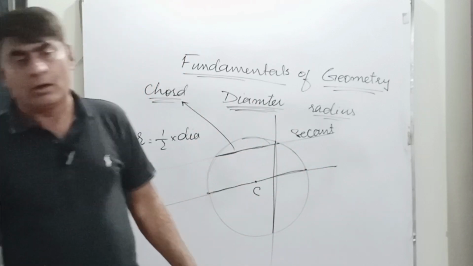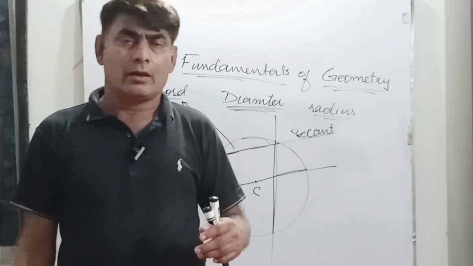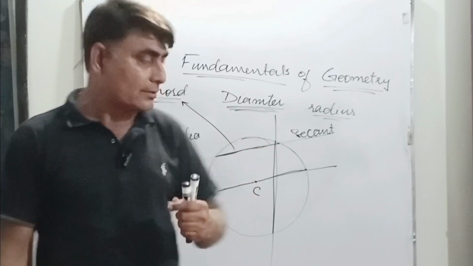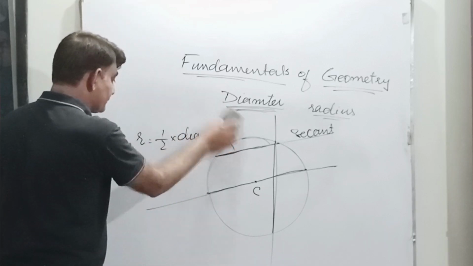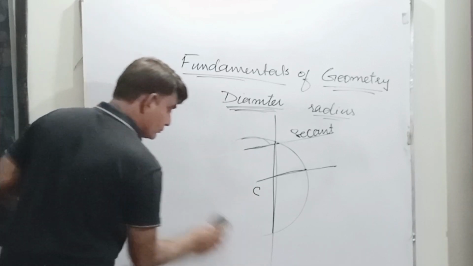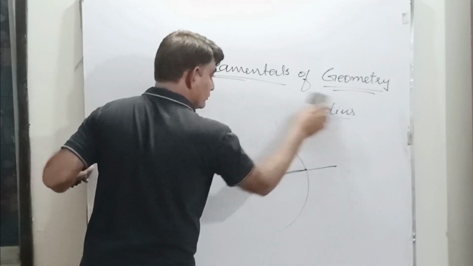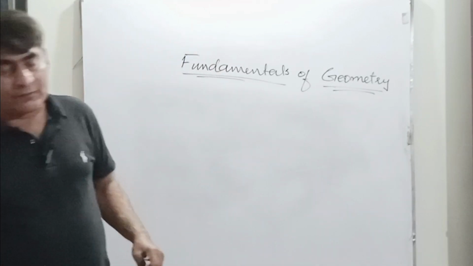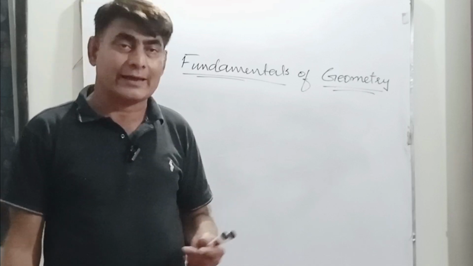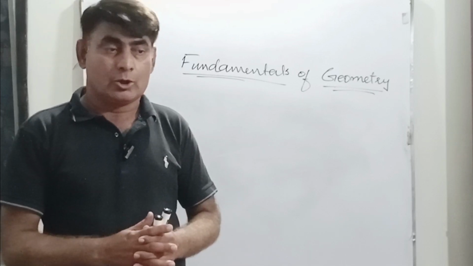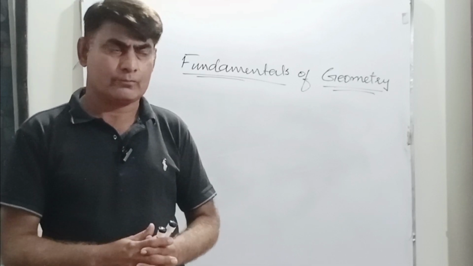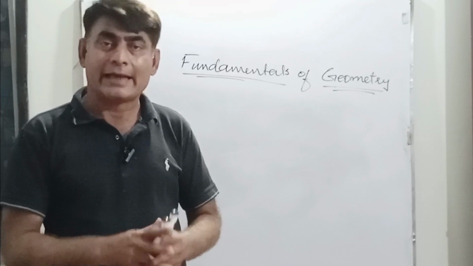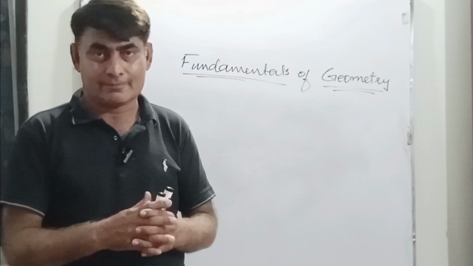Now once again, line. So what are parallel lines? A set of infinite points is a line, and we are going to discuss parallel lines. If two lines are parallel, it means they do not have any point in common.